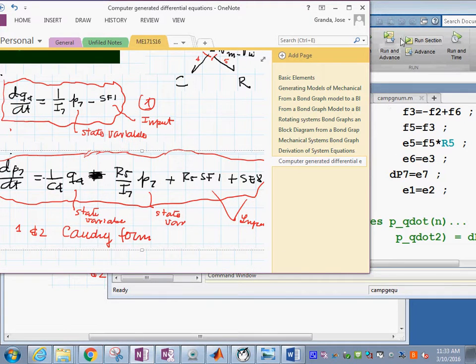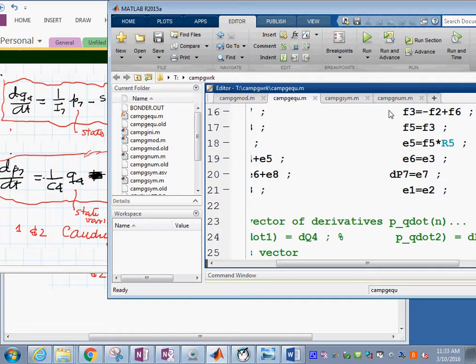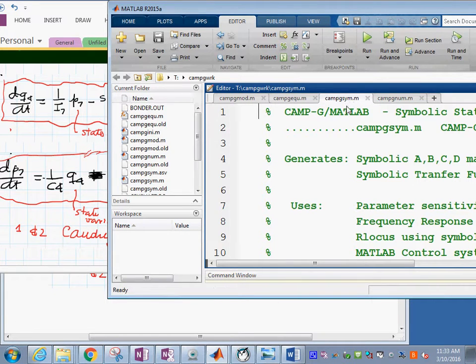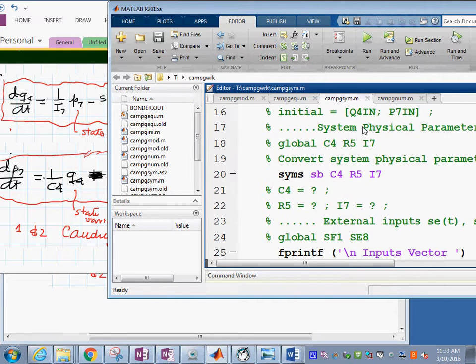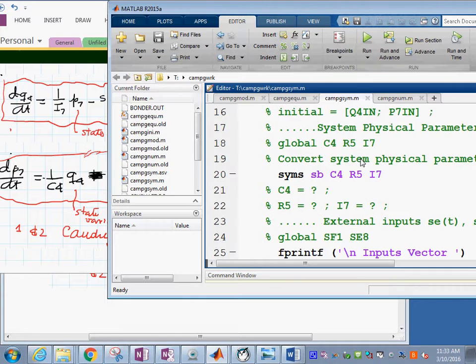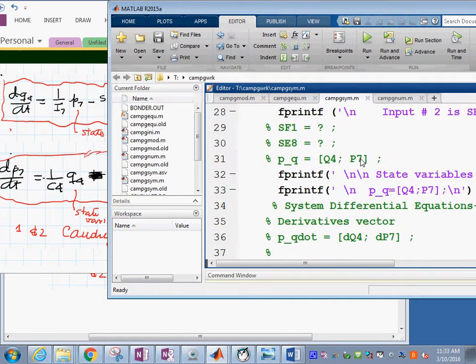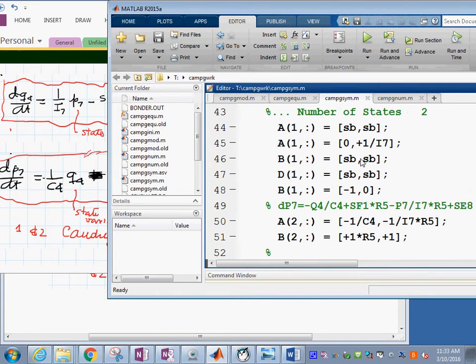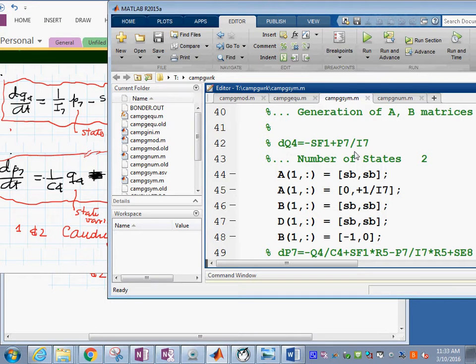Isn't that exactly right? It is. And if you go farther down in here, this equation should be exactly like this one on the right hand side. You want to test it? See here, dp7 dt is minus q sub 4 over c sub 4, which it is.